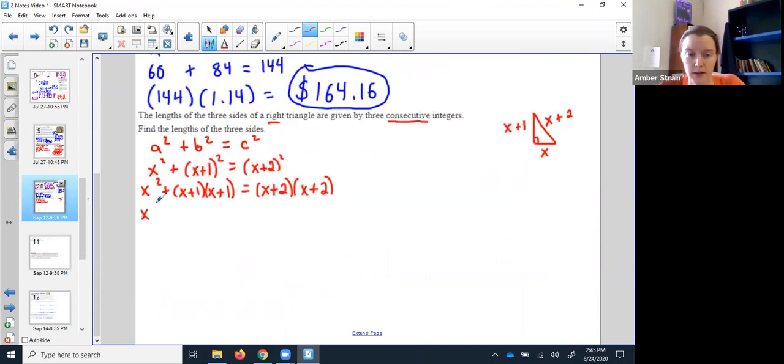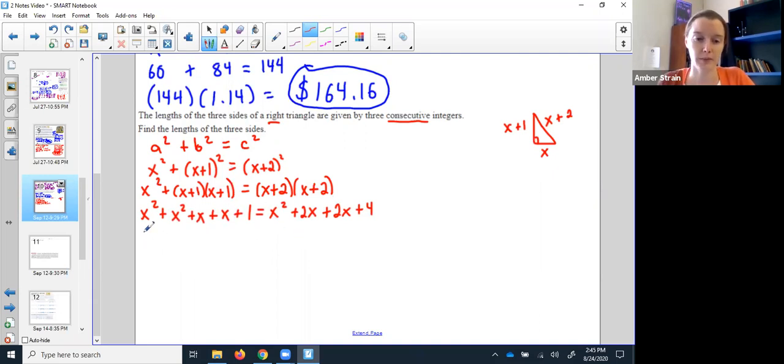We'll make it through. Okay, so then that would give me an x squared plus x plus 1. Be careful, it's tempting to say 2. 1 times 1 is 1. x squared plus 2x plus 2x plus 4. Okay, so I can clean things up, combine my like terms, but also I'm seeing that I have some quadratics.